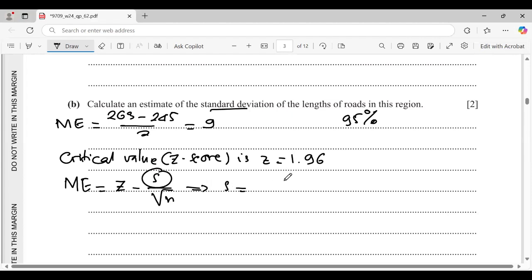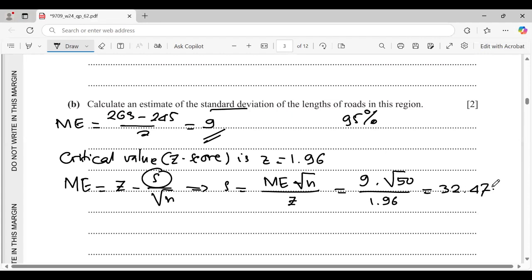So S equals margin of error times square root n over Z. So it becomes 9, because the margin of error is 9, times square root 50 over 1.96. And the result is 32.47 meters. It is 32.5 meters.